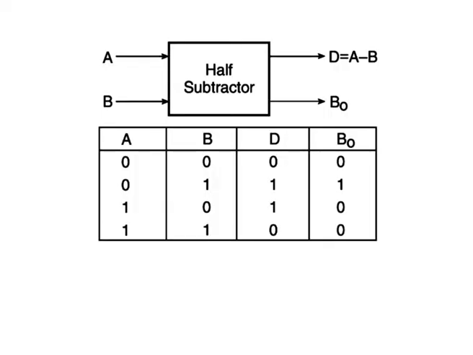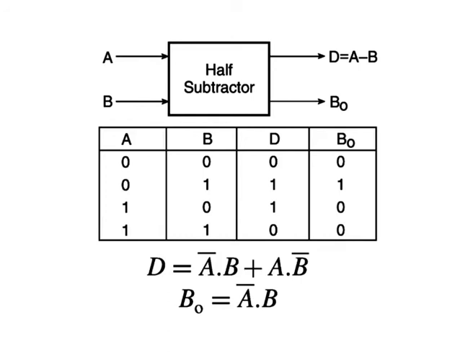Figure here shows the truth table of a half subtractor. The Boolean expressions for the two outputs are given by the following equations, where D is equal to A bar dot B plus A dot B bar, and BO is equal to A bar dot B. It is obvious that there is no further scope for any simplification of the Boolean expressions, given an XOR gate.